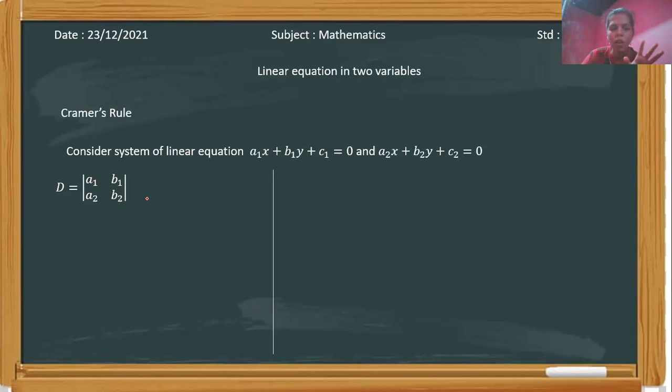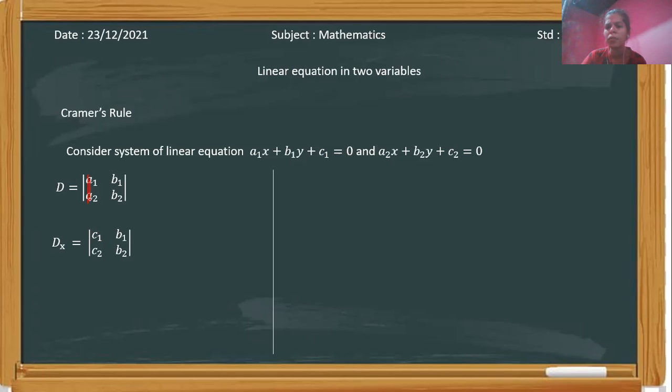This is all about the determinant for the coefficients of x and y. We have not considered the constants here. In our next step, there is a constant. So the next step will be finding Dx. Whenever there is x, the determinant of x, we are going to remove the x column.